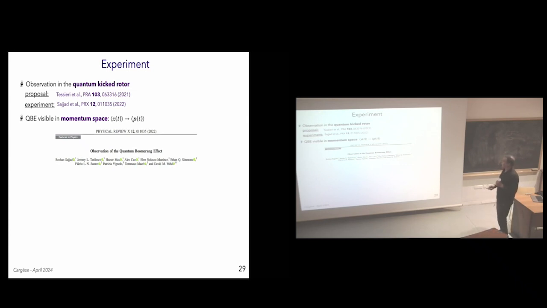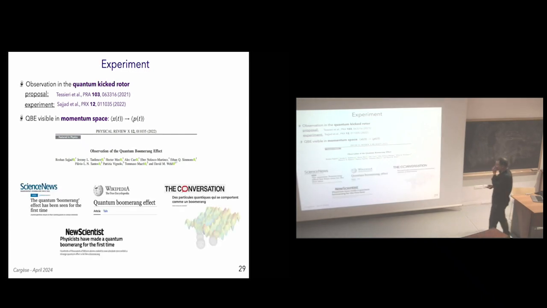The quantum boomerang effect was observed in the group of David Wells, a cold atomic group in California. Again, they use this quantum kicked rotor and not a real disordered system. Which means that now the boomerang effect should be seen as a back and forth motion of the mean momentum and not the mean position in momentum space.